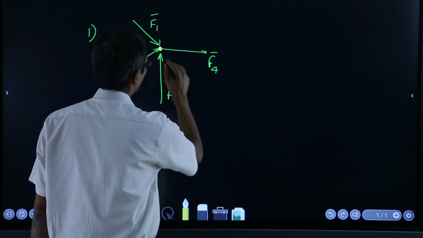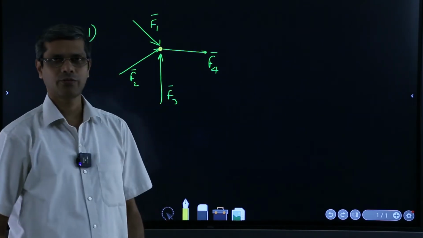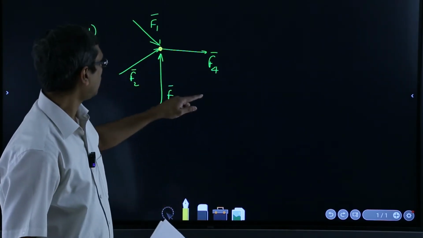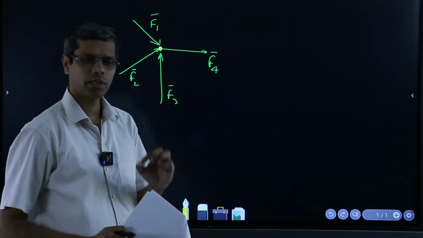Some are pushing forces and some are pulling forces, but the common thing is that they all pass through the same point in space.